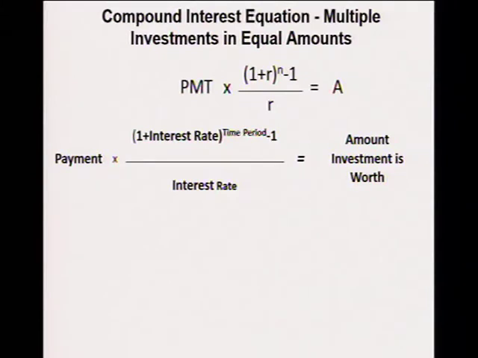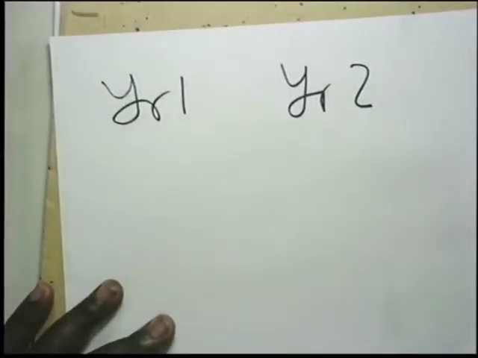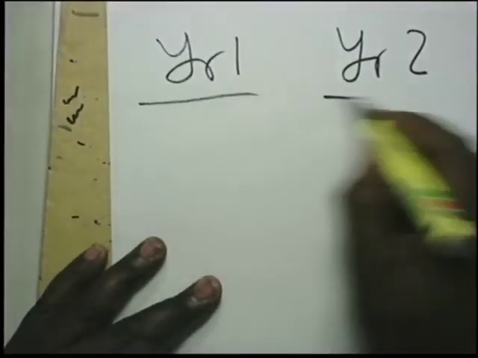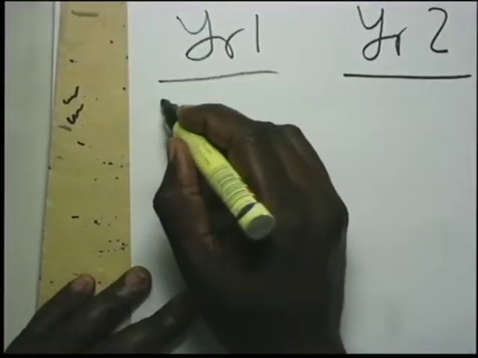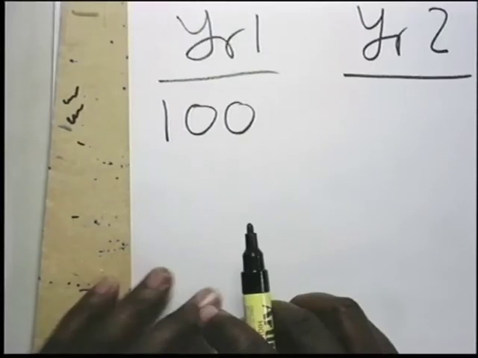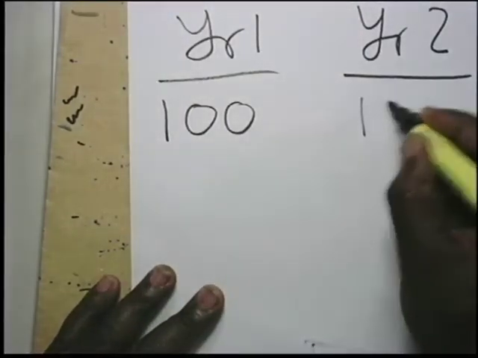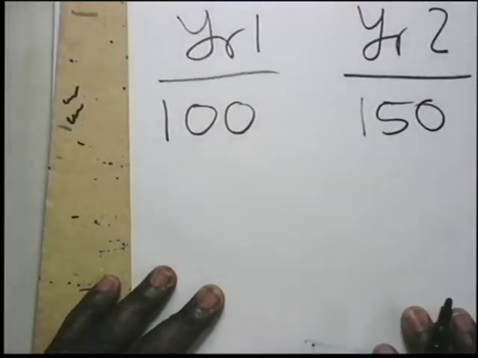We have an investment of this nature. Let me say it's year 1, year 2 there, and let me take only those ones. In year 1, we make an investment of $100. In year 2, we make an investment of 150.